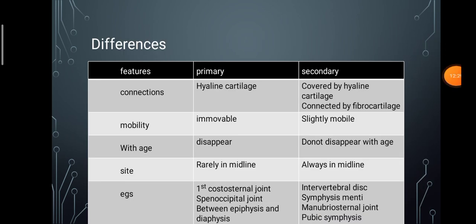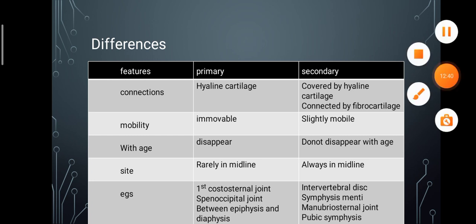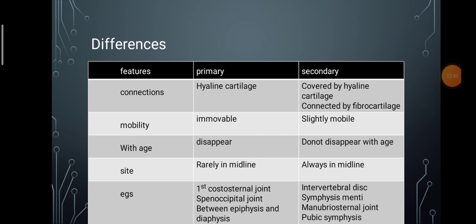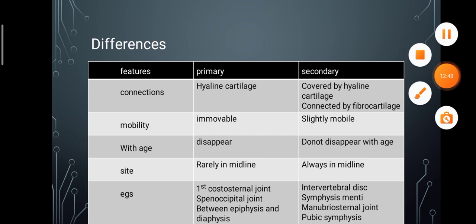So what is the difference between primary and secondary cartilaginous joint? In the primary cartilaginous joint, hyaline cartilage is there, and in the secondary cartilaginous joint, the bony ends are covered by hyaline cartilage, which in turn is connected by fibrocartilage. Primary is an immobile joint, secondary is a slightly mobile joint.